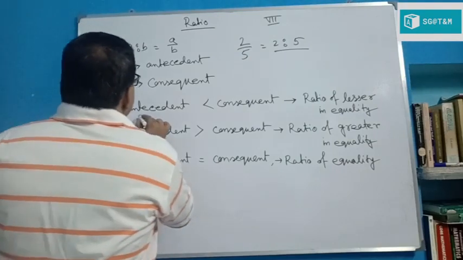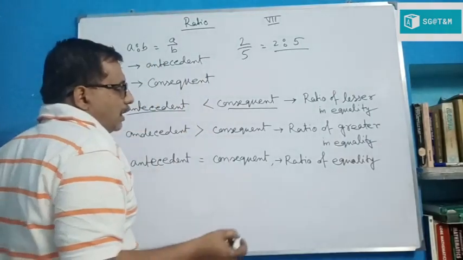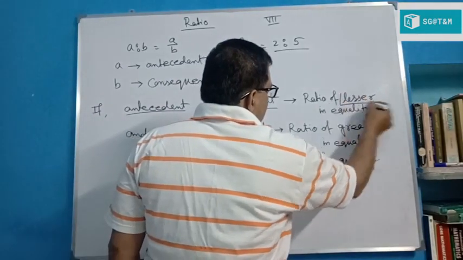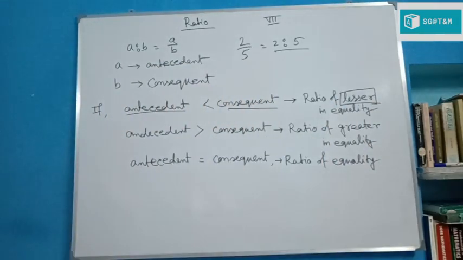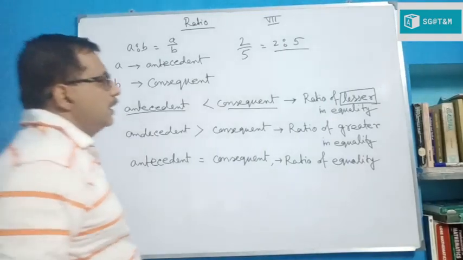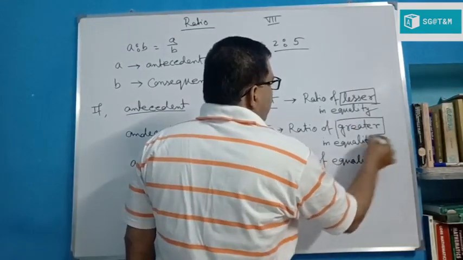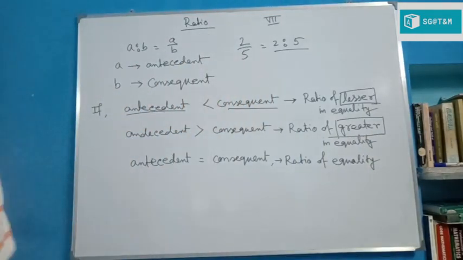If the antecedent is less than the consequent, then the ratio is known as lesser inequality. If the antecedent is greater than the consequent, the ratio is greater inequality.